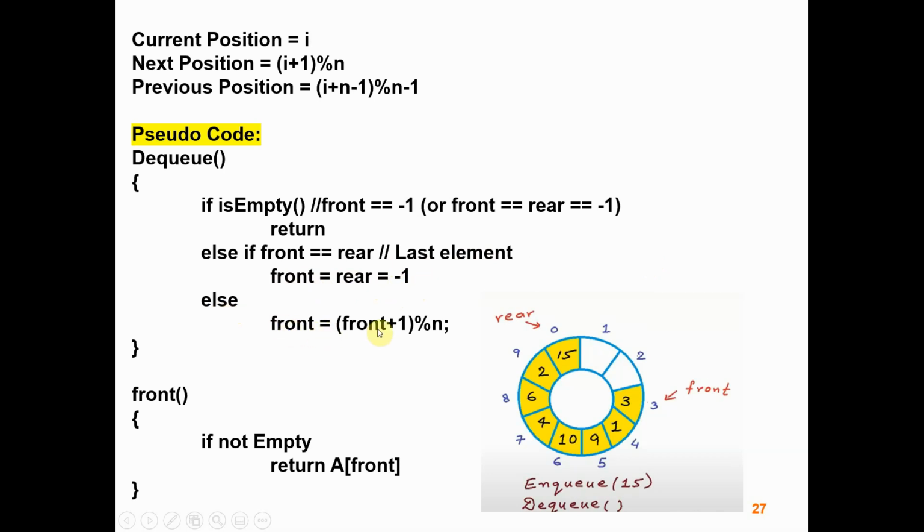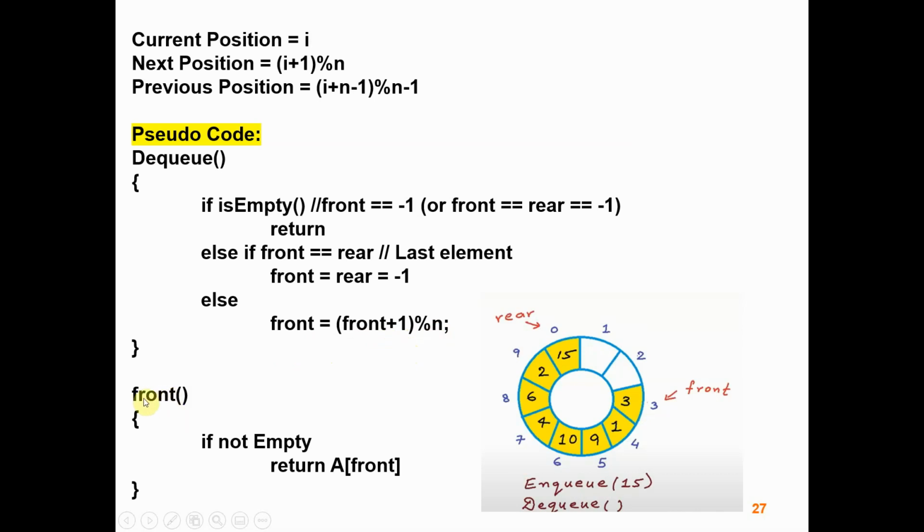But again, we saw that in the circular array implementation, in order to wrap around, we have to say front is equal to front plus 1 mod n. We saw that in the pseudocode implementation on the whiteboard that we just did.